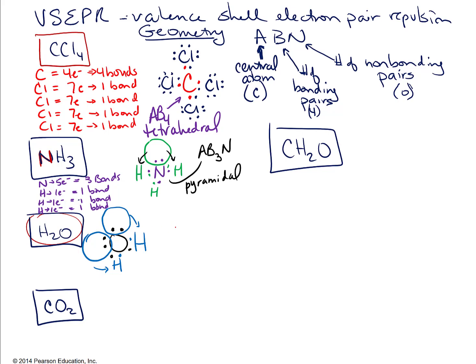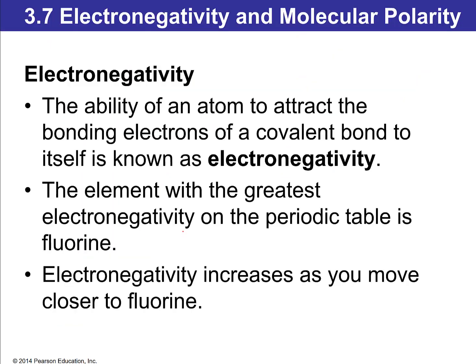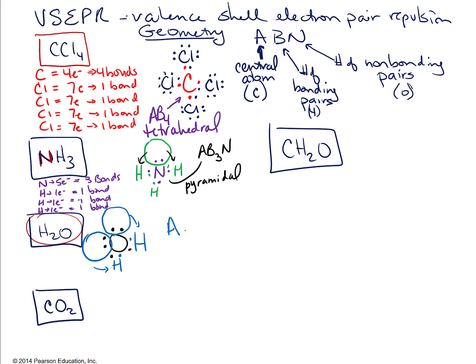So if you look at the AB_n for oxygen, the A of oxygen, how many groups are connected to oxygen? 2. And how many non-bonding pairs? There's 2. That's always going to make a molecule where the single bonds, instead of being straight across, are going to be pushed, and that creates the bent shape.